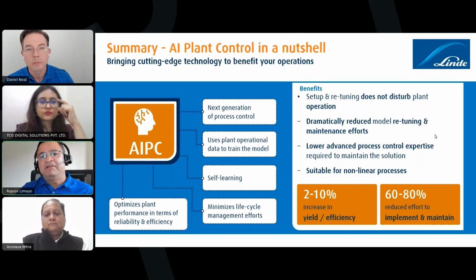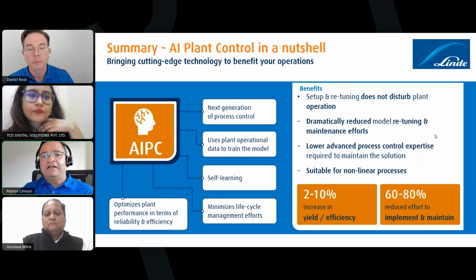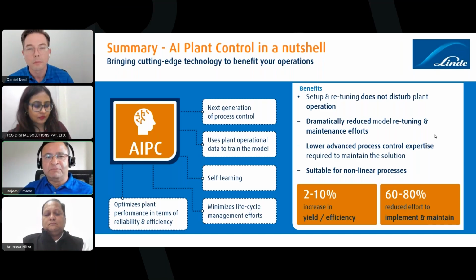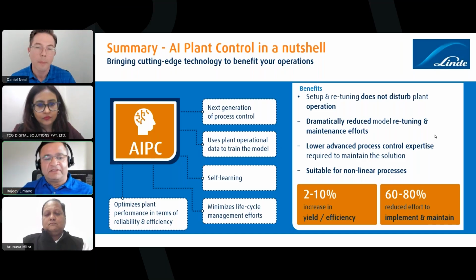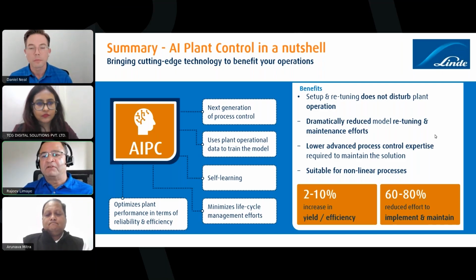If you already know the behavior of the plant, we can enter the kinetic equations or heat and mass balance equations that will supplement the predictions of the model. We have this AOPS Ignite, and there is a module called ALC, where all the equations and all the known behaviors of the plant can be entered. And if somebody has a first principle equation, we can definitely leverage that to boost the AI plant control performance.